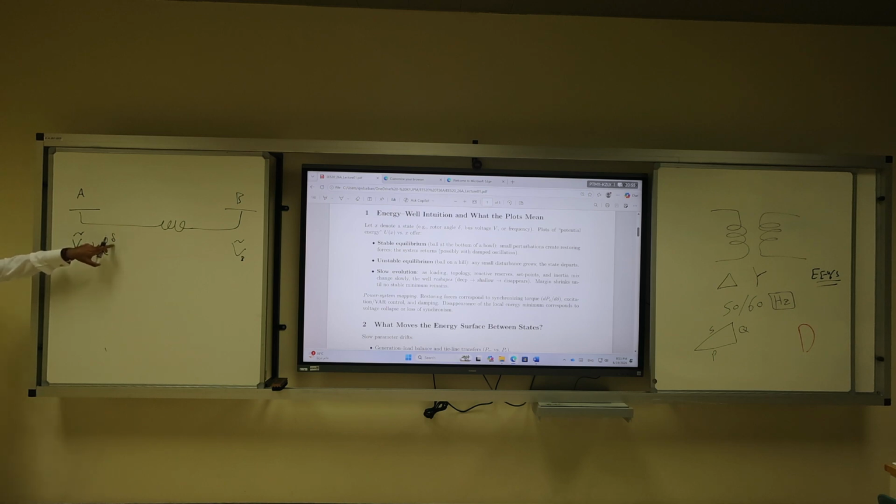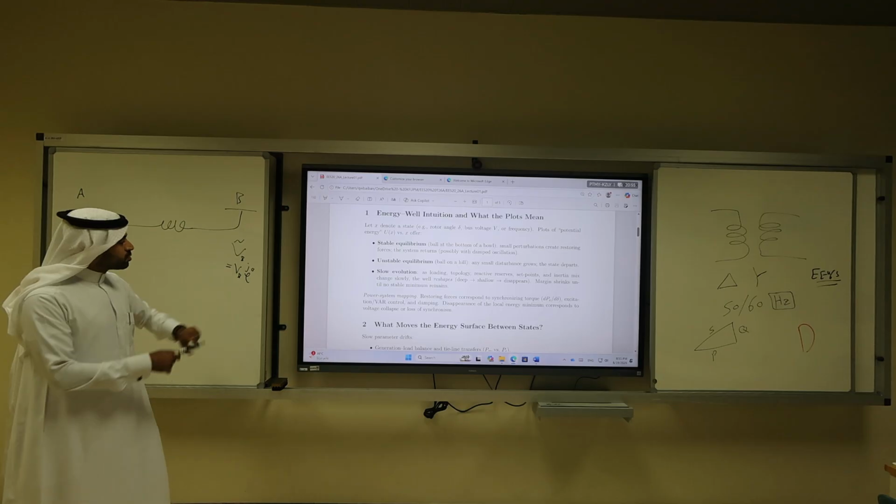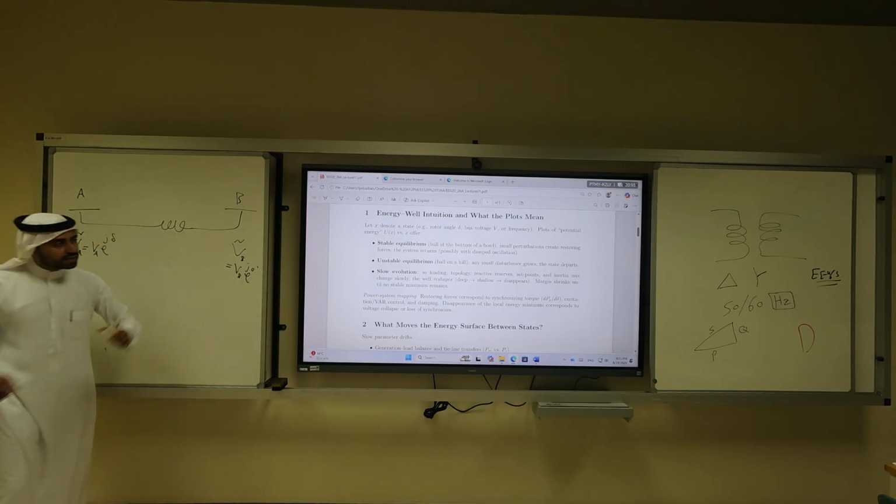This angle in radians could be 0.1, 0.2, pi over 2, whatever. And VB is written as VB e to the power j. In this example, we're using 0 degrees. Sometimes bus A is 0, bus B is delta, it doesn't matter.